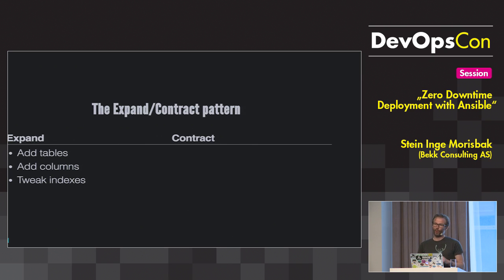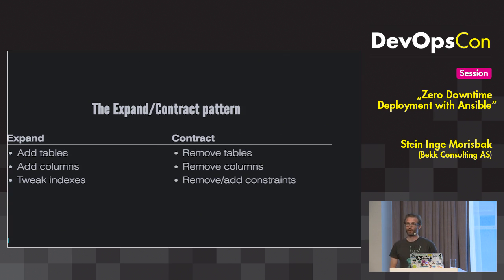That means that before we deploy our applications, we do all the things that are compatible with both the old version of the application and the new version. That means adding tables, adding columns, tweaking indexes. We can do that because it will work with both versions. Most of the time. Sometimes it's more complex, but in 99% of your deployments, this will work.